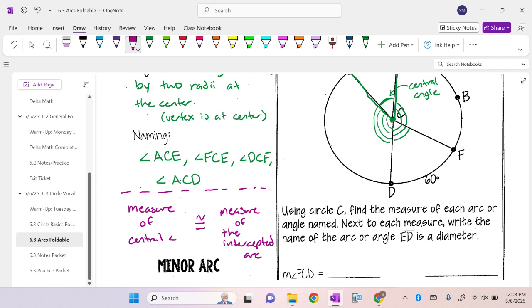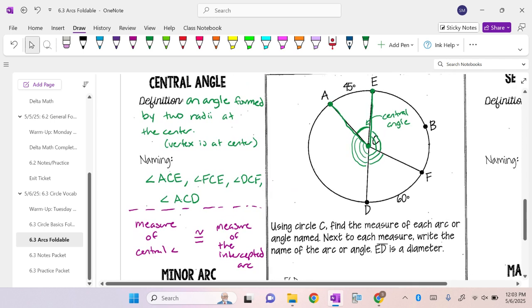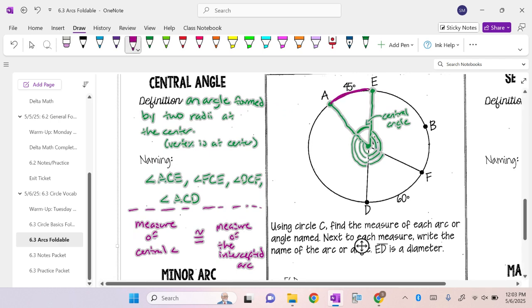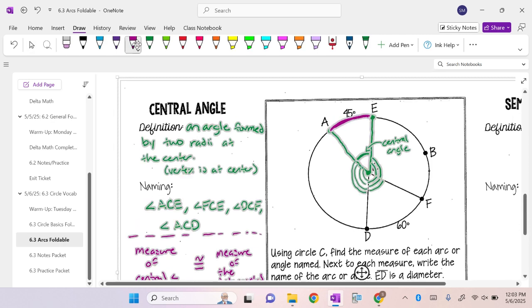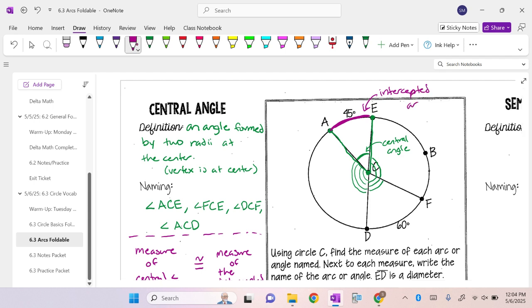All right. So, for example, if we look at the first central angle that we found, so that green outline angle, our intercepted arc would be right here. All right. So, if this is our intercepted arc, and you can label it as such, because notice how here's our drawstring and here's our bow.